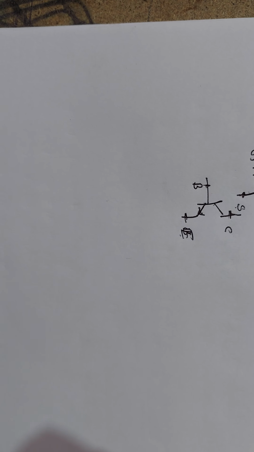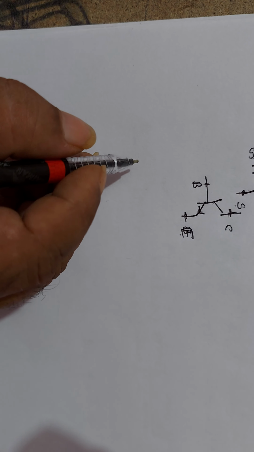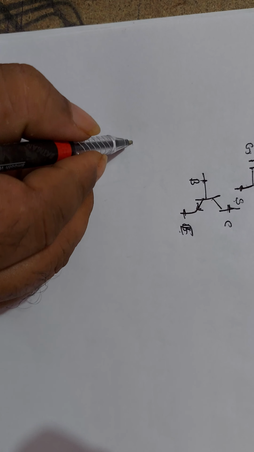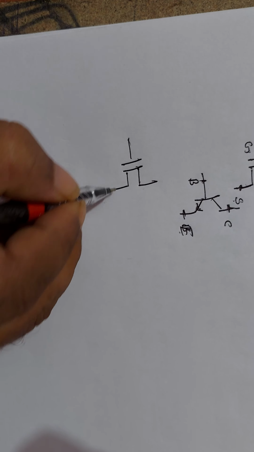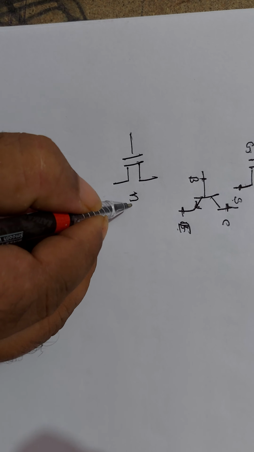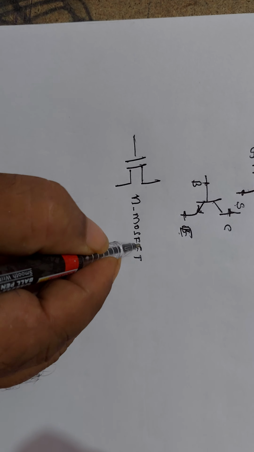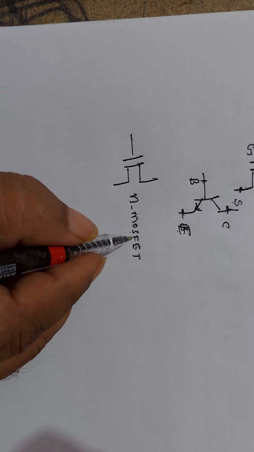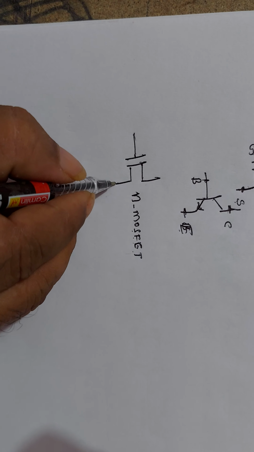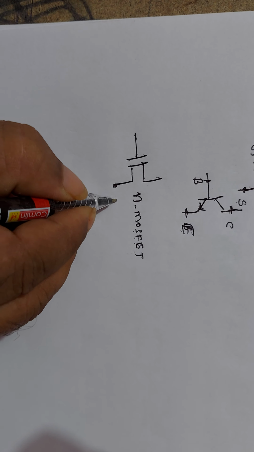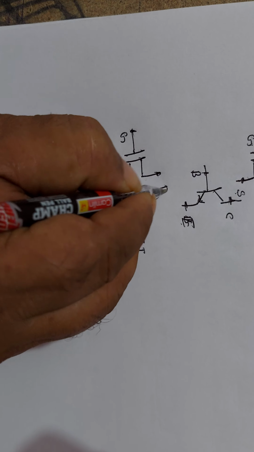Therefore, now I will write both the symbols of P-channel and N-channel, and I will write when it works. So this is a symbol of N-channel MOSFET, metal oxide semiconducting field effect transistor, N-channel. There is no 0 here. This is source, this is gate, and this is drain.